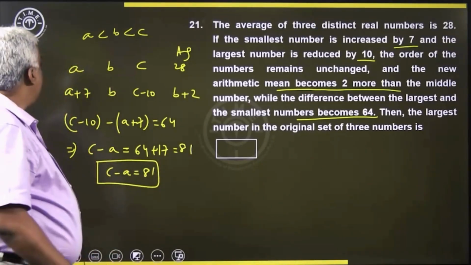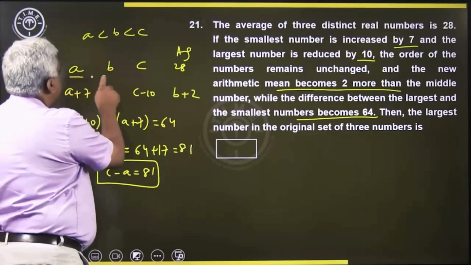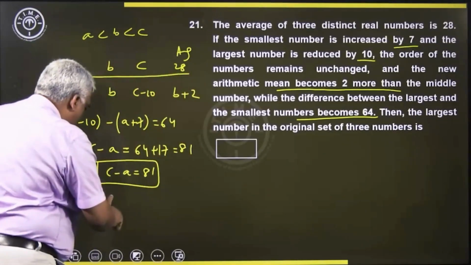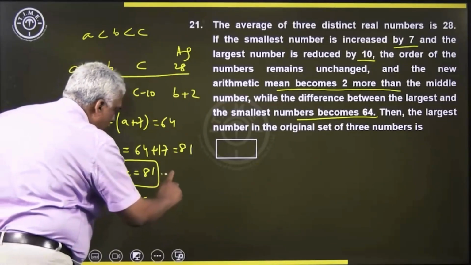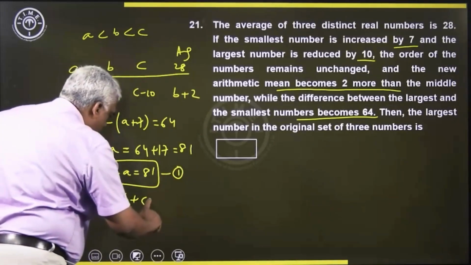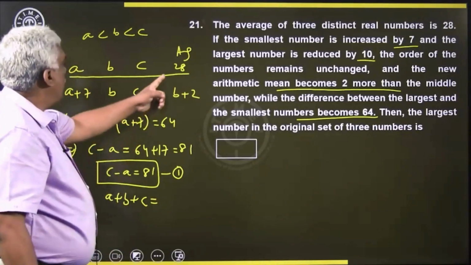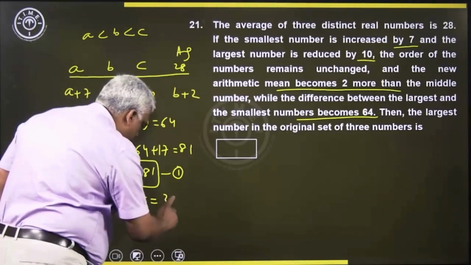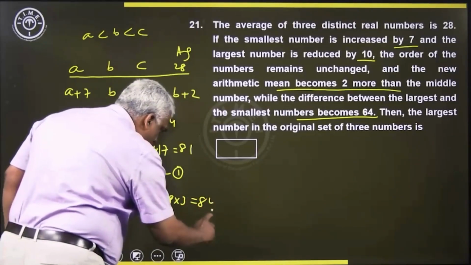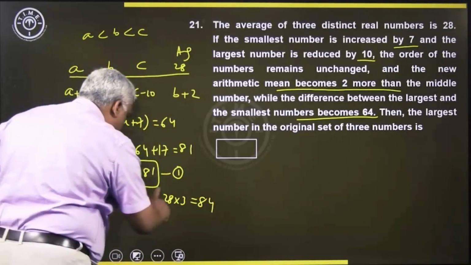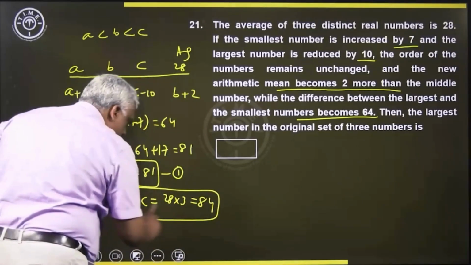Again, we know that the average of the three numbers is 28. So the sum A plus B plus C will be 28 into 3, and that is 84. So A plus B plus C is 84; let us call it the second equation.